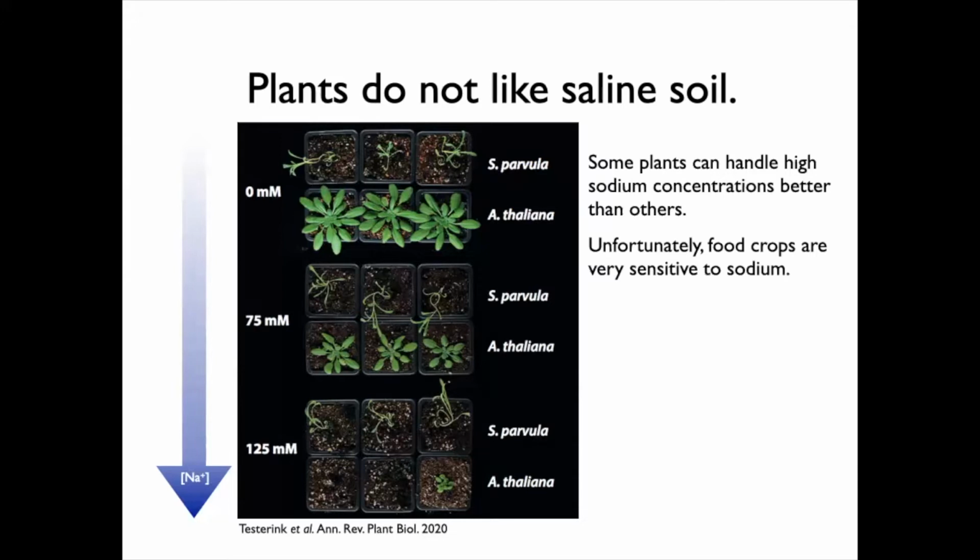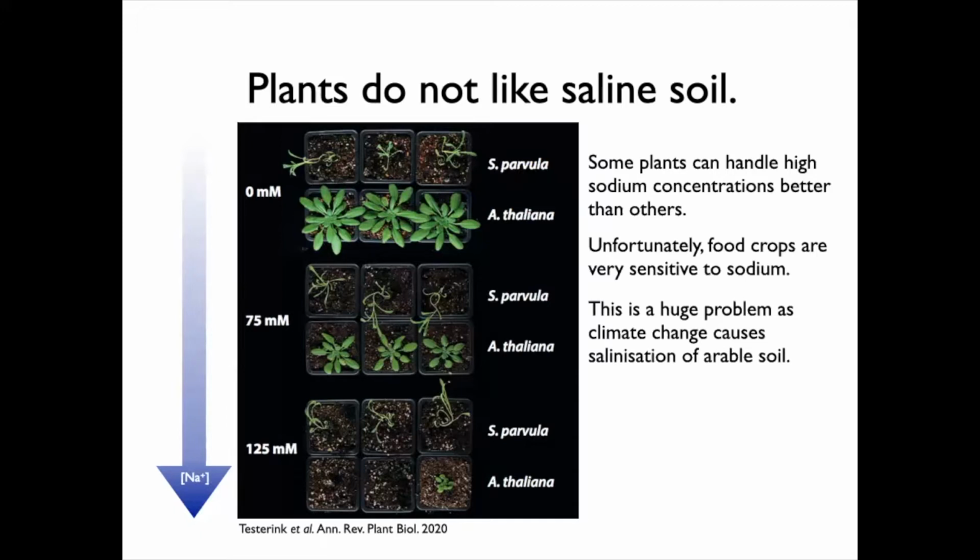This is actually quite a problem, because climate change makes arable soil much more saline, because we have to irrigate more. The water evaporates on the soil and leaves behind some salt. So this is some context for why we want to look at sodium sensing in plants.